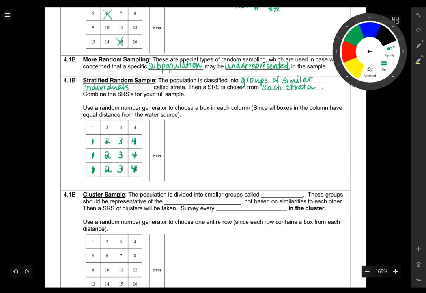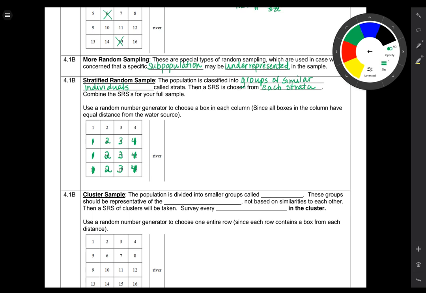So this first particular one would be stratifying by rows. So basically what it is you have a homogeneous group. So each row would be homogeneous. Then you would select a random sample from each group.